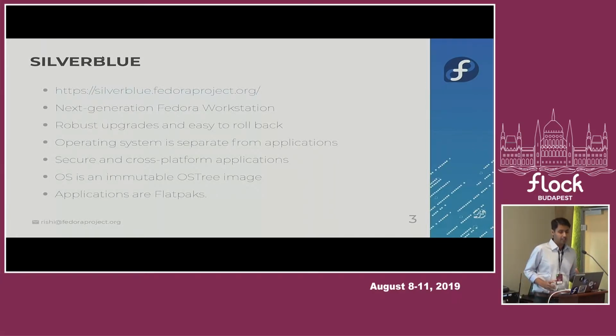So the idea is that it promises robust upgrades, so you don't need to worry about your DNF update failing and then your computer no longer booting because you lost power or something went very wrong. And it's easy to roll back. In that sense, it's kind of like your operating system is now part of a Git repository, though it's exactly not that, but it gives you that feeling that reverting back and forth is trivial now.